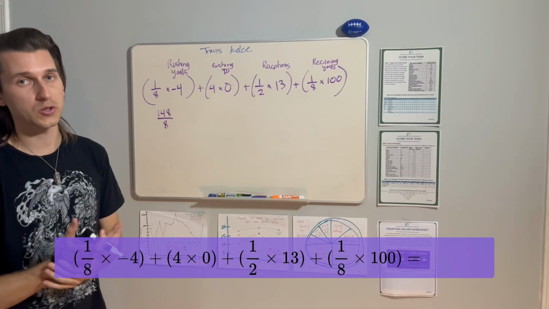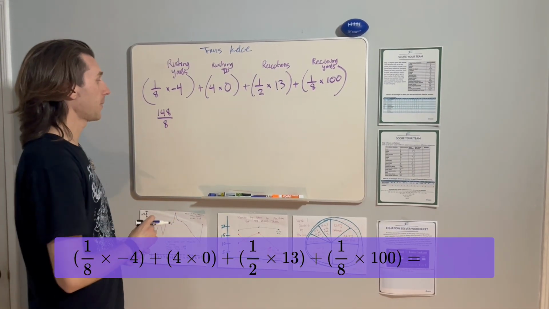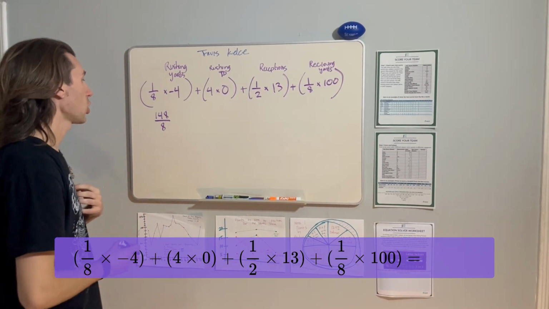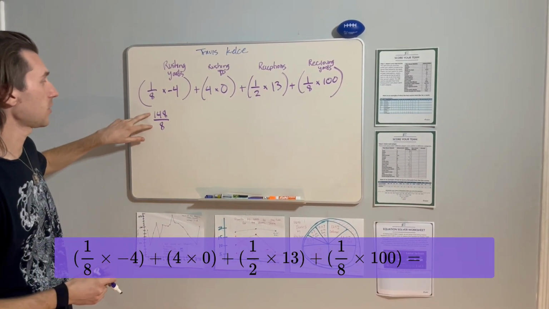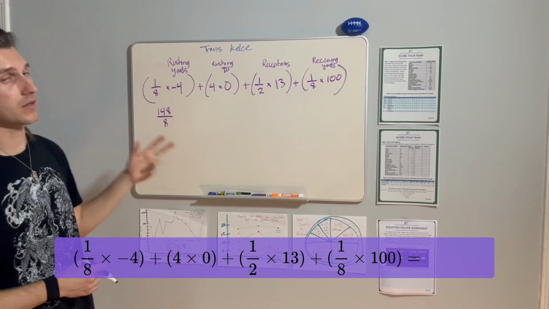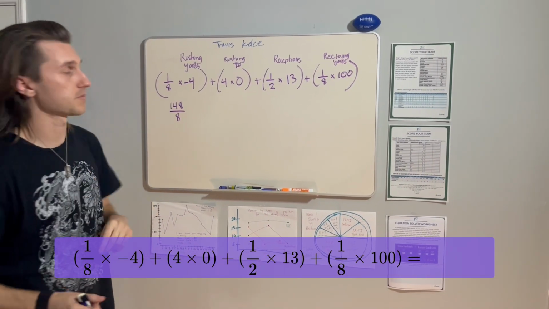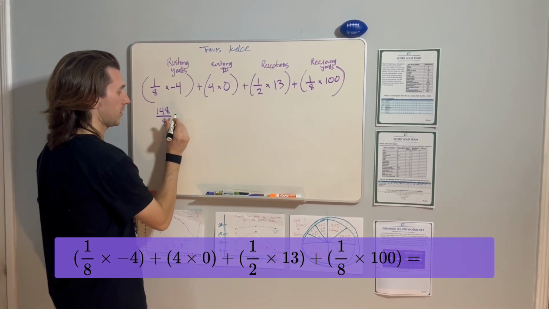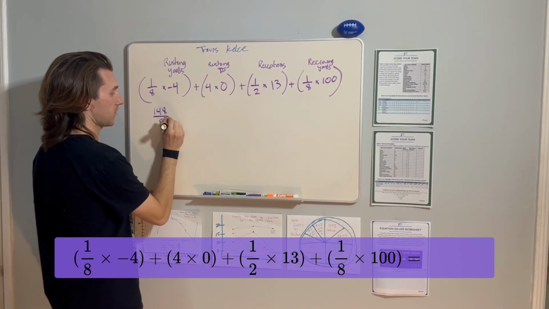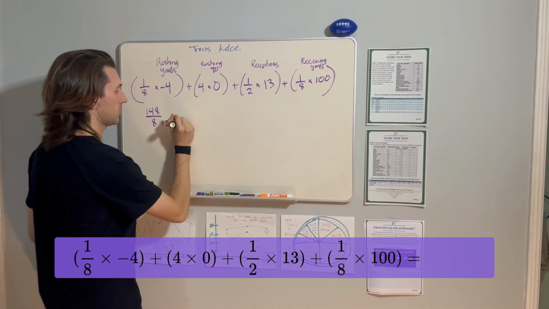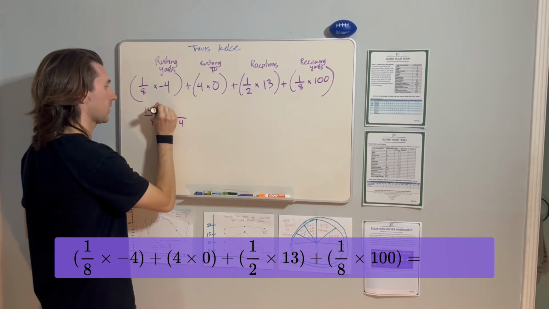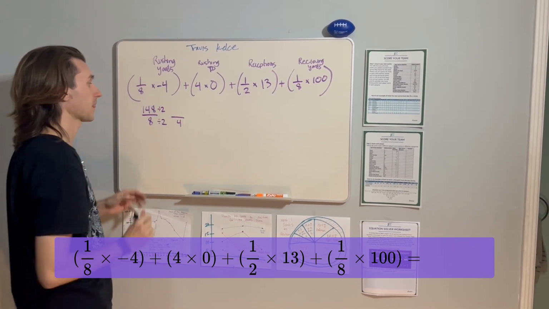There's a couple different ways that you can go about this, but I'm going to start with the easiest one in my mind, which is I see that these 2 numbers are both even, which means I can divide them both by 2. So I'm going to go ahead and divide 8 by 2, which will be 4. And then I'm going to divide 148 by 2.